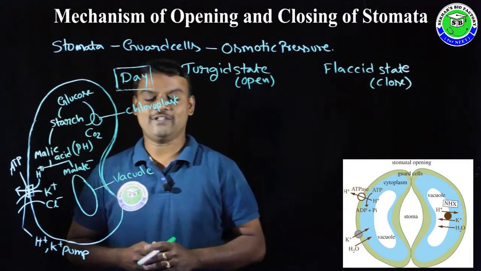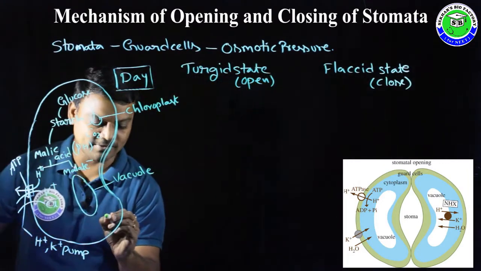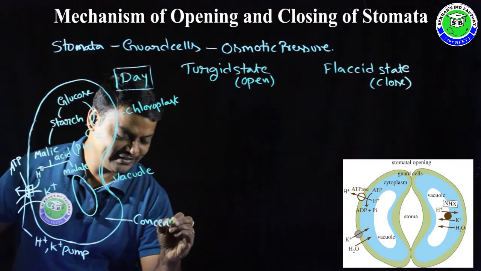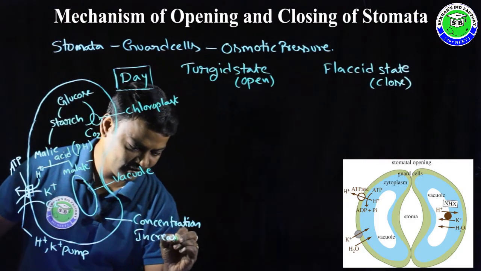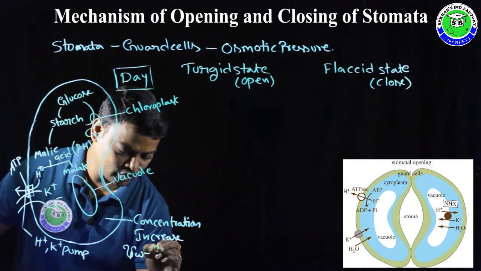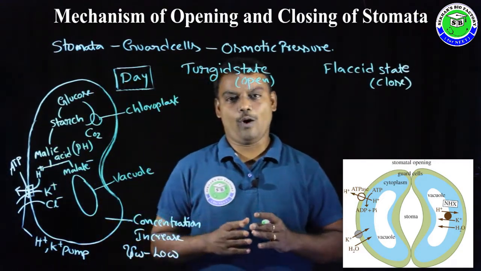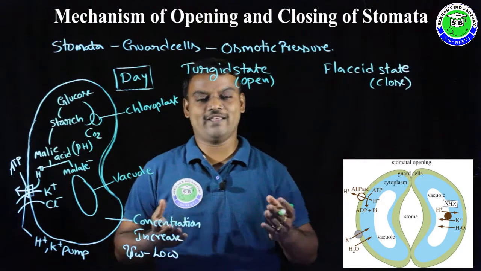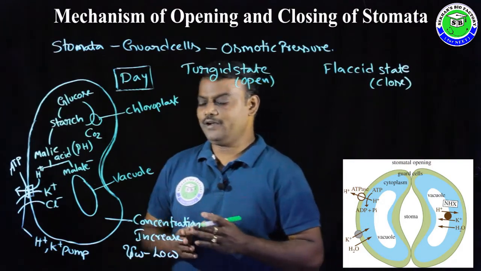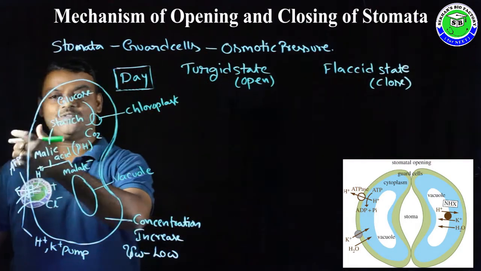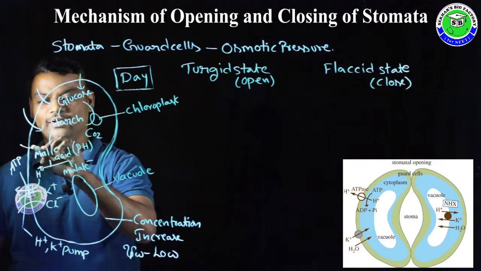and due to the presence of malate minus ions, K plus ions and Cl minus ions in guard cells, gradually the protoplasm concentration increases. Along with that, the water potential value becomes low. Due to this low water potential compared to the surrounding subsidiary cells, based on this concentration gradient, water is transported from subsidiary cells to guard cells, that is, from outside to inside of the guard cells.